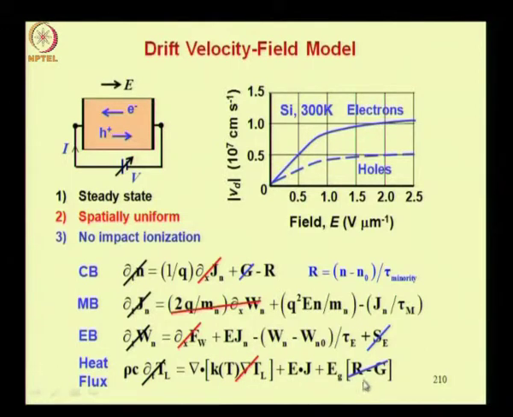And because there is no excess generation or recombination, this term is 0. Now this seems to lead to the condition that E dot J is 0, that is no heat generation or ohmic loss, which is evidently wrong because E is non-zero and J is non-zero. So therefore there has to be another non-zero term here.